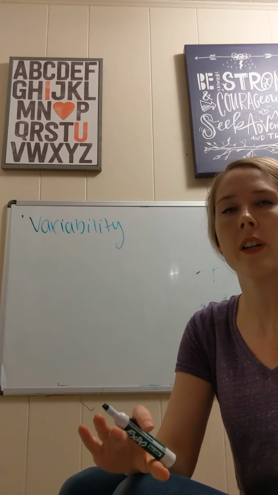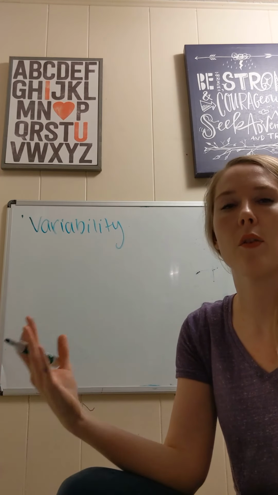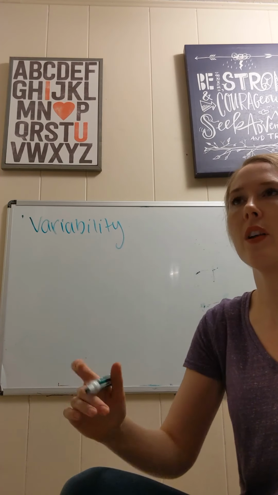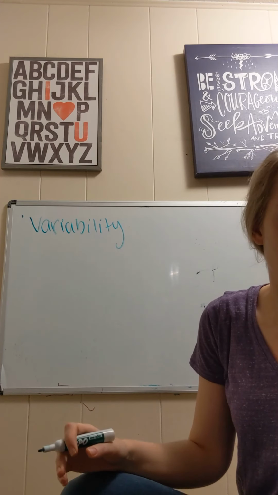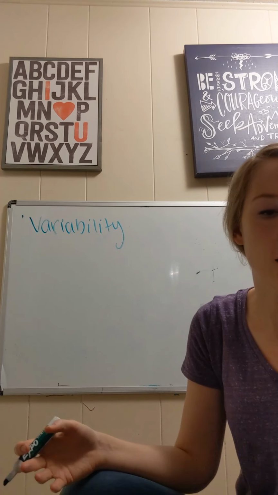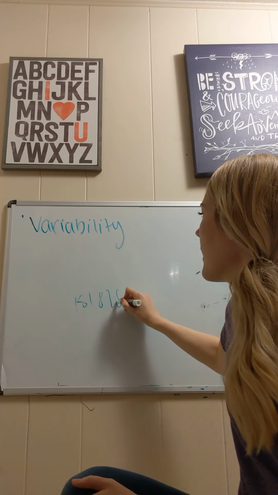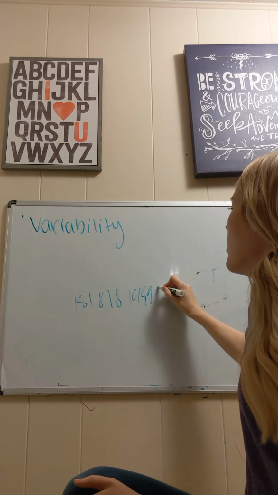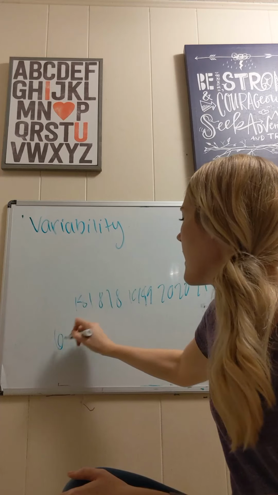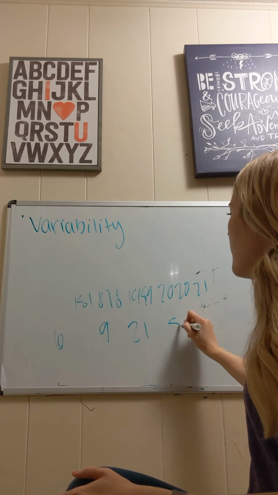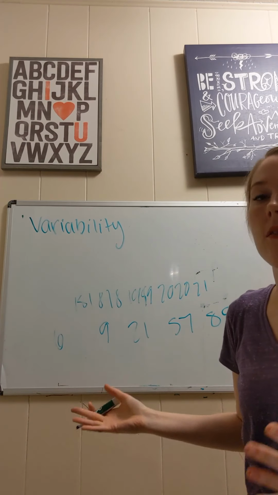Variance is important because it's going to play into when we do statistical tests down the road. You want to know what your variable looks like. How different are your numbers? And if you have outliers, or do you not have outliers? Are all the ages really close together, 18, 18, 19, 19, 20, 20, 21, very close together? Or are they 6, 9, 21, 57, 89? Are they very spread apart? That would make a very big difference.